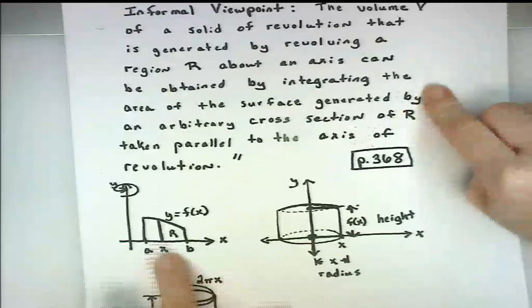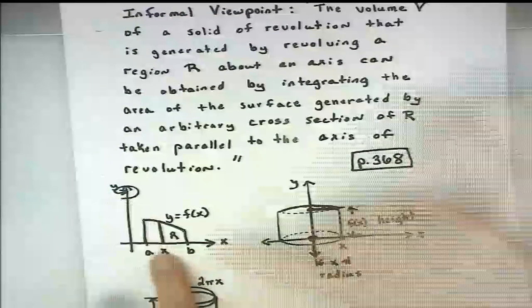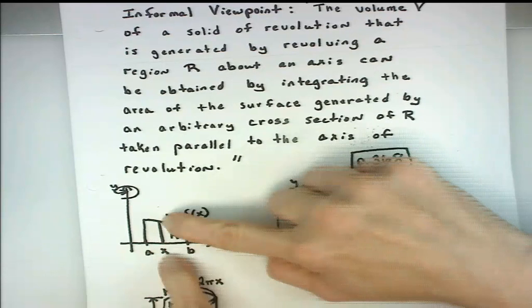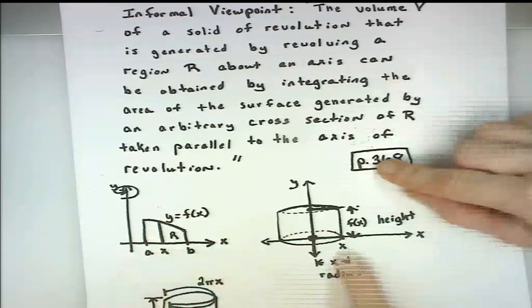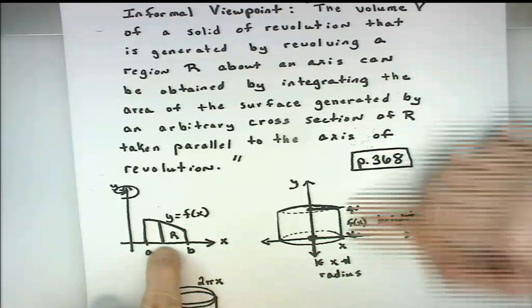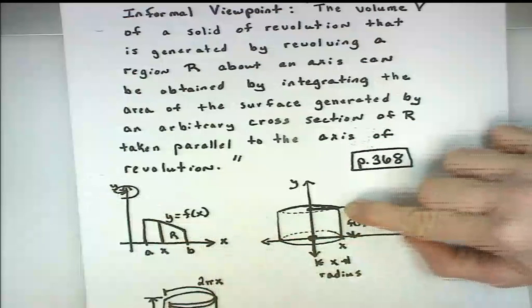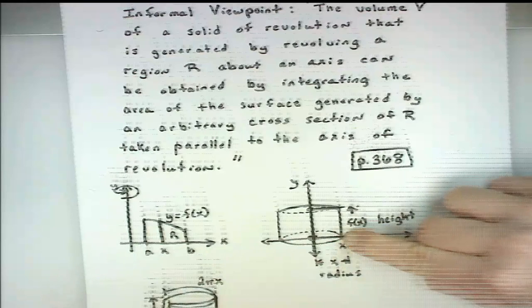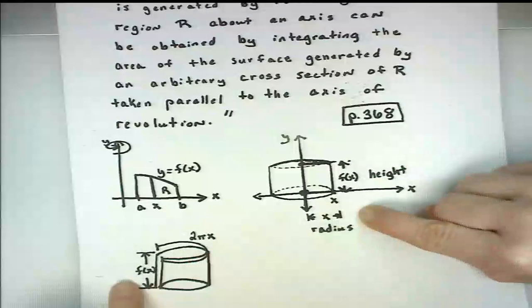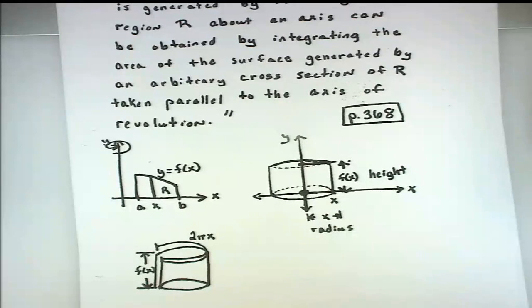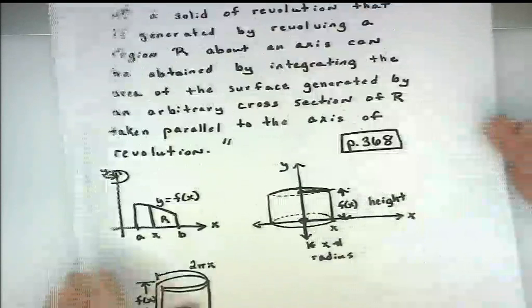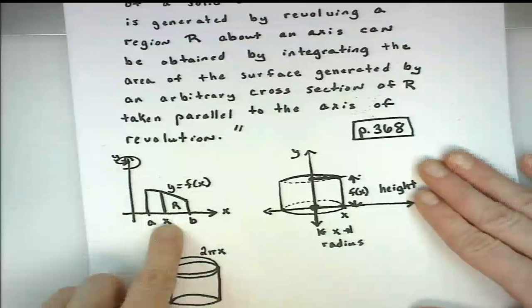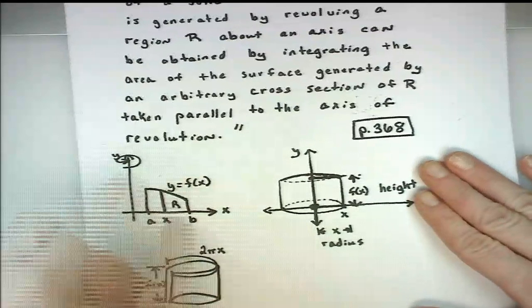So this time, the cylindrical shells are parallel to the axis of revolution, but we're integrating with respect to x.